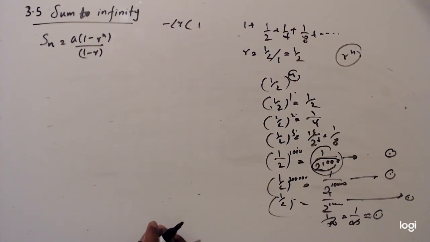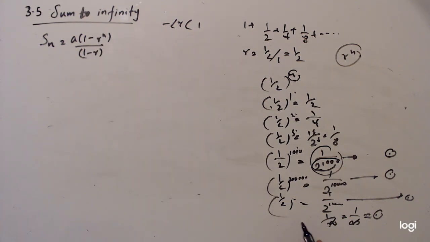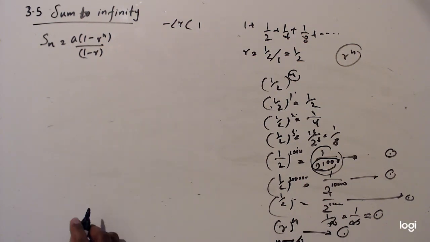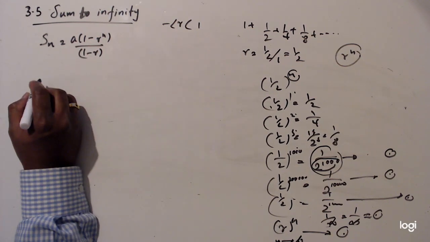So basically, as a result, when n goes to infinity, r to the power n goes to 0. So I will apply the limit.